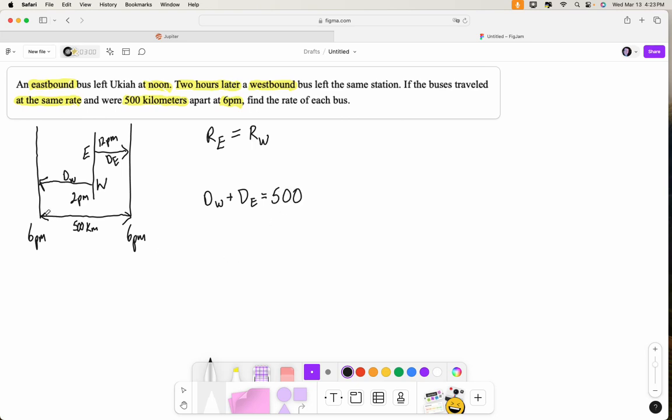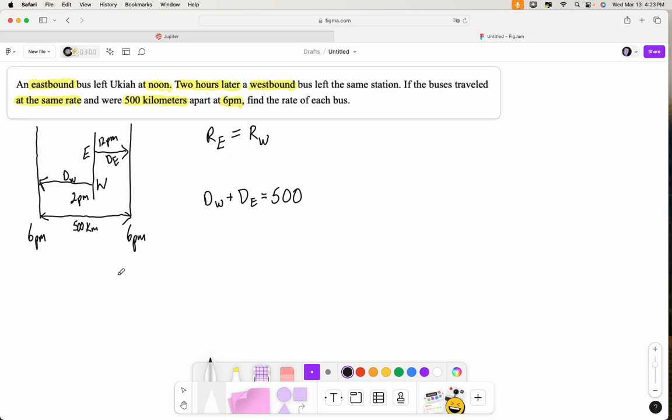At 6 p.m., wherever this bus is to wherever this bus is at the same time is going to be 500 kilometers. Now that we have our picture, our starting equation, and the information from the sentence, we are going to set up our table.